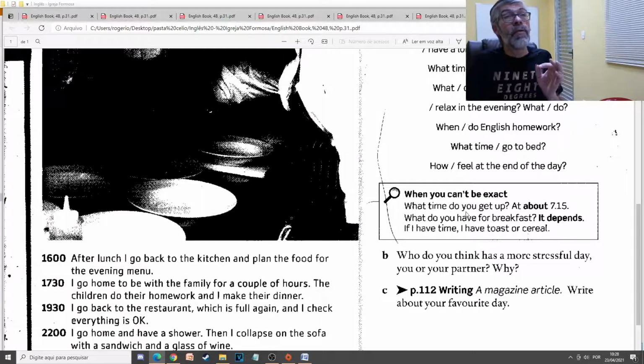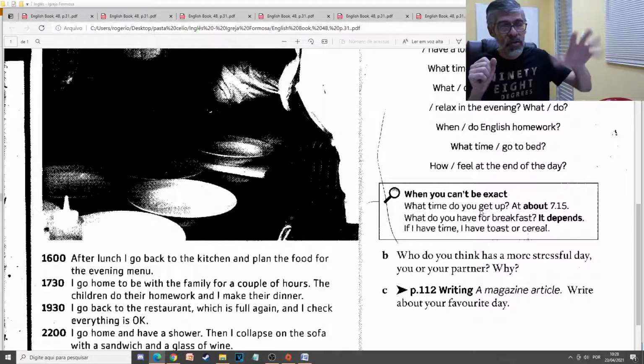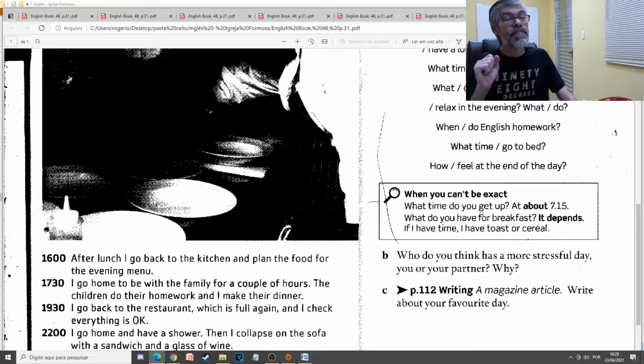But if you aren't an English person, and you don't have that exact time for getting up, then you can say about. What time do you get up? At about 7:15. Mais ou menos por volta das 7:15. Porque você não está sendo exato, ok? Quando você não precisa dar a hora exata.